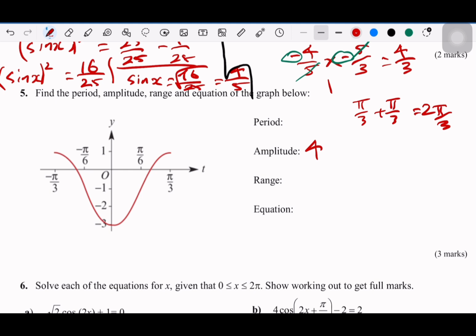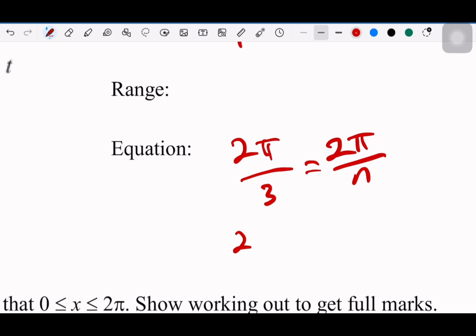Now we know the period, and so we're going to sub that into the equation for finding the period. It gives us 2 pi over n equals 2 pi over 3.